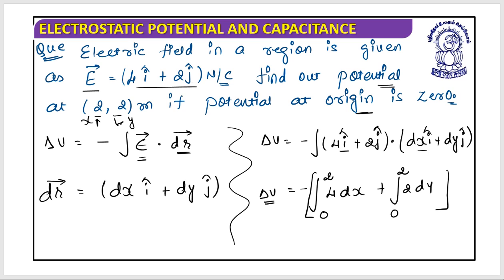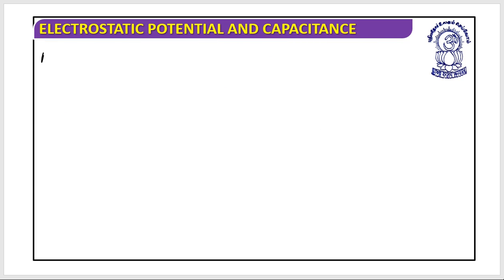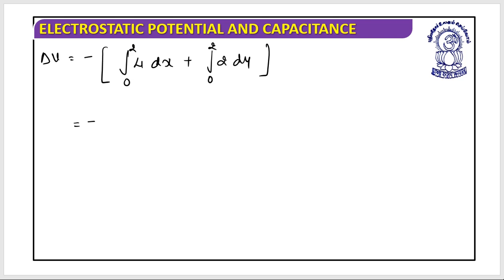So let's do it. So delta V is equals to minus of integration of 4 dx from 0 to 2 plus integration of 2 dy from 0 to 2. So this would be 4x and my limits will be 0 to 2 plus 2y.